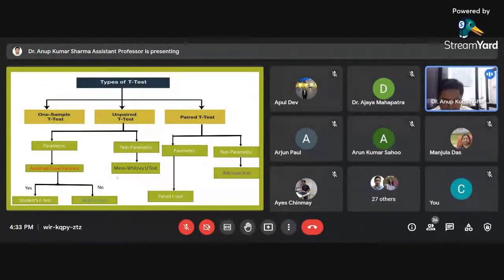Paired t-test means one sample is repeated two times, at two different times or under two different conditions, like a chemical reaction where we change two temperatures. I'm giving an example. Suppose I'm taking a class to prepare students for examinations.